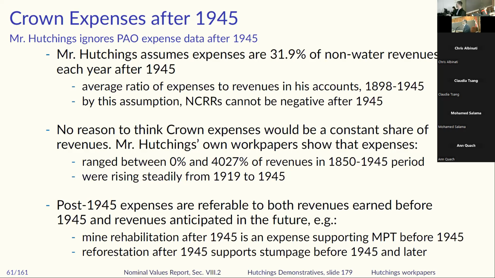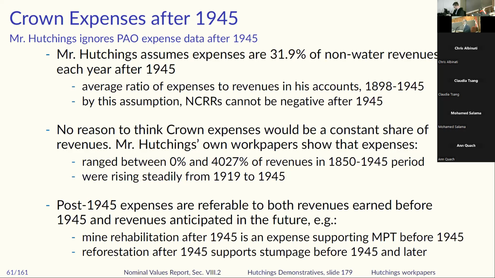And because of the volatility, the annual variability in that share in his own data, it does not seem reasonable to make that assumption of a constant share thereafter. Moreover, it's not purely random variation from year to year. The expenses were already rising as a proportion of revenues in the years after World War I up to the end of World War II, from 1919 to 1945.